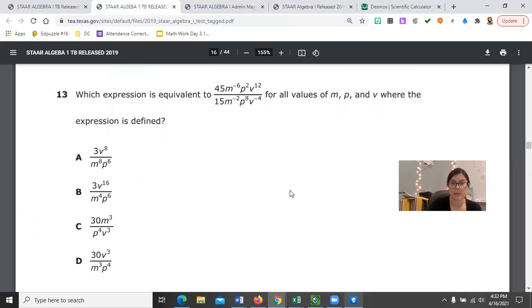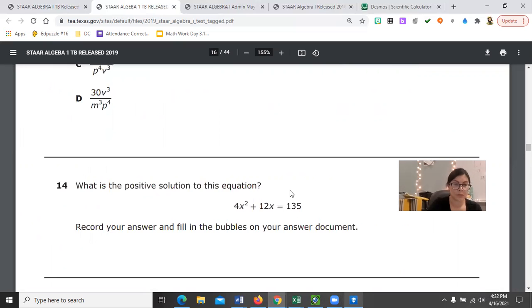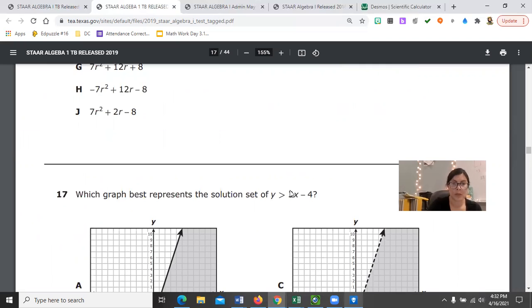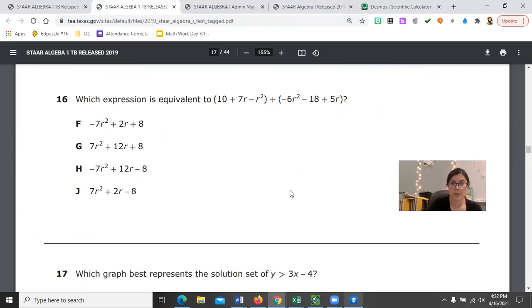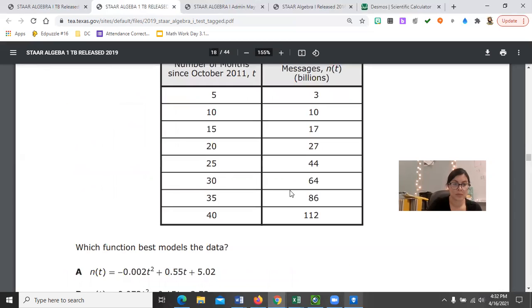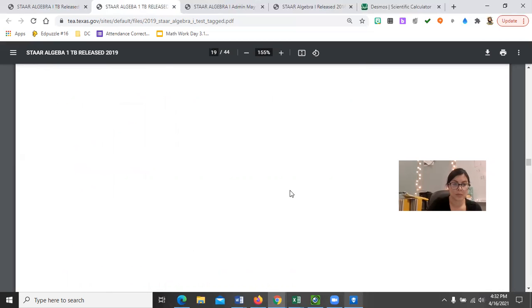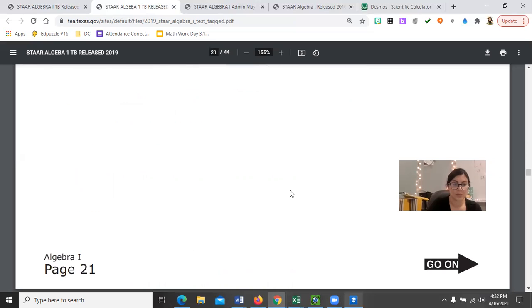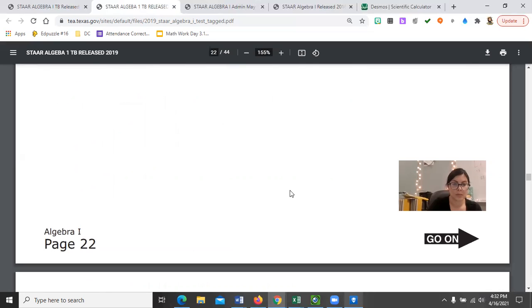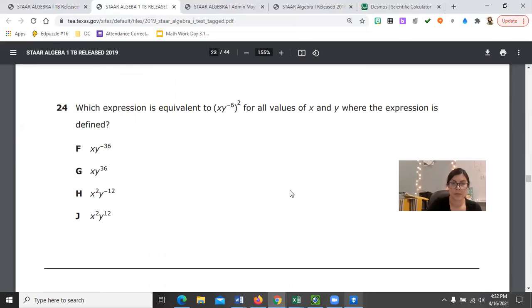Try this one. Use the strategies I showed you. Okay, try this one. Okay, try that one.